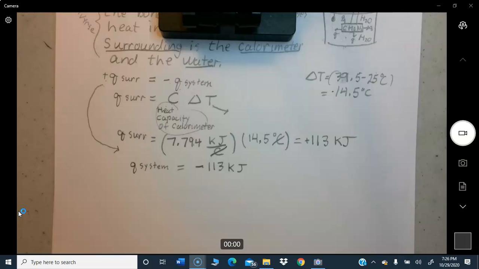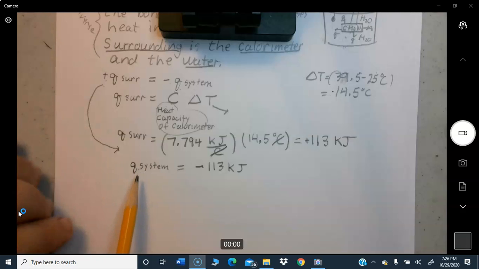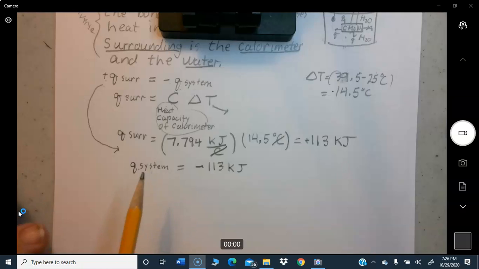And this is something I didn't talk about any other time earlier, so I'm going to talk about it now. Before, we said that Q was the same as delta H, change in enthalpy. That's for constant pressure calorimetry, a coffee cup calorimetry. This is not constant pressure. It's constant volume. Now, you don't need to understand all the details of why this is. You just need to understand what I'm about to tell you.